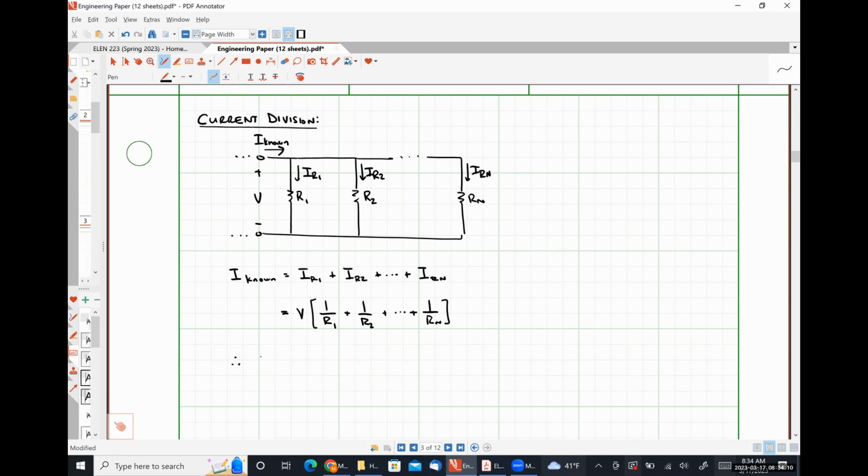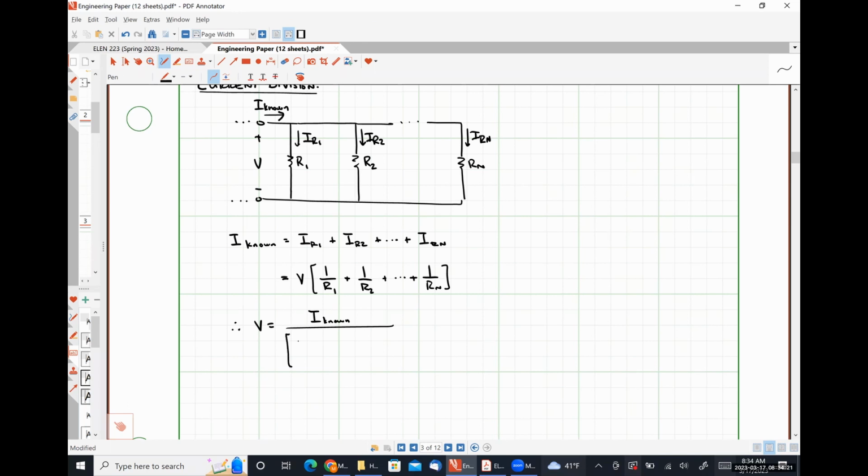And from this, I can say that V is I known divided by 1 over R1 plus 1 over R2 all the way out to 1 over R sub n. Okay. I'm going to put this in blue because this isn't really part of the derivation. It's just something that we can observe. This is literally just I known times the equivalent parallel resistance.